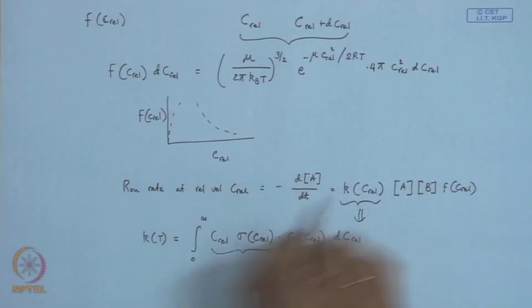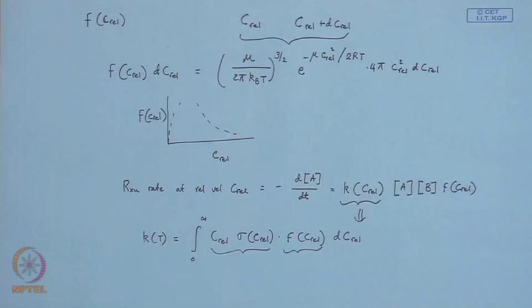So, it is the expression for the thermal average rate constant. Why thermal average? Because it has to be averaged over c relative, because there are a number of relative velocities, and not all relative velocities are effective. So, this relative velocity will range from 0 to infinity, okay, and temperature is a measure of mean random translational kinetic energy.